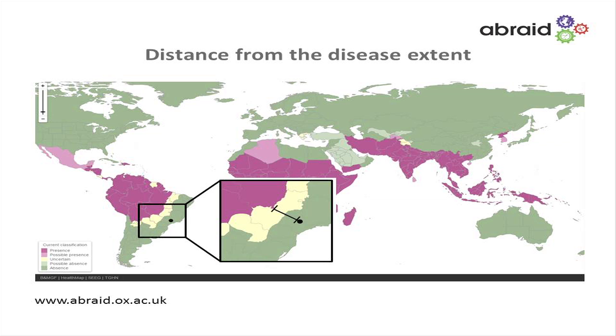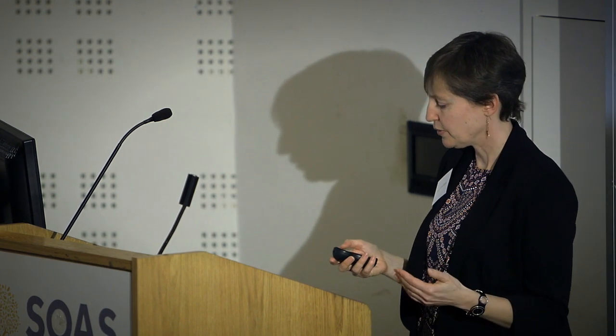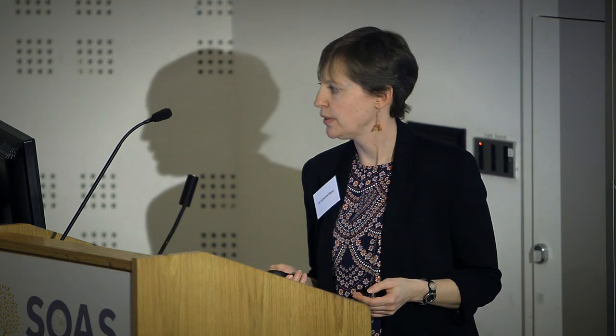In this case, it's in Brazil, and it simply calculates the shortest distance to an area of possible presence or presence. And that's it. That's in kilometres, and that's one of the values that goes through to the machine learning process. So now we have validated data ready to go through to the model, and we have a disease extent made up from expert opinions and data also ready to go through to the model.